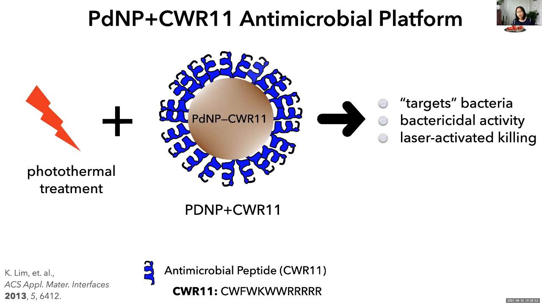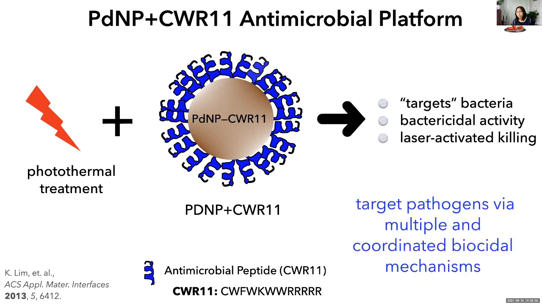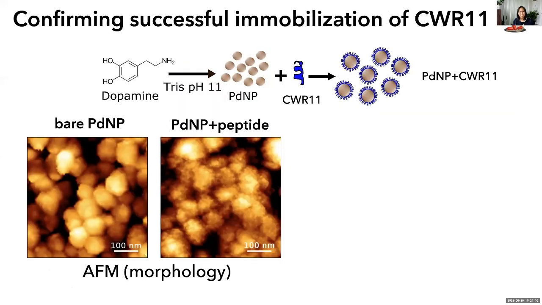So what we ended up with in this design or platform is multiple and coordinated biocidal mechanisms that could target pathogens. This sounds like a good concept, but of course you have to make sure you could indeed immobilize this peptide onto our nanoparticle surface.